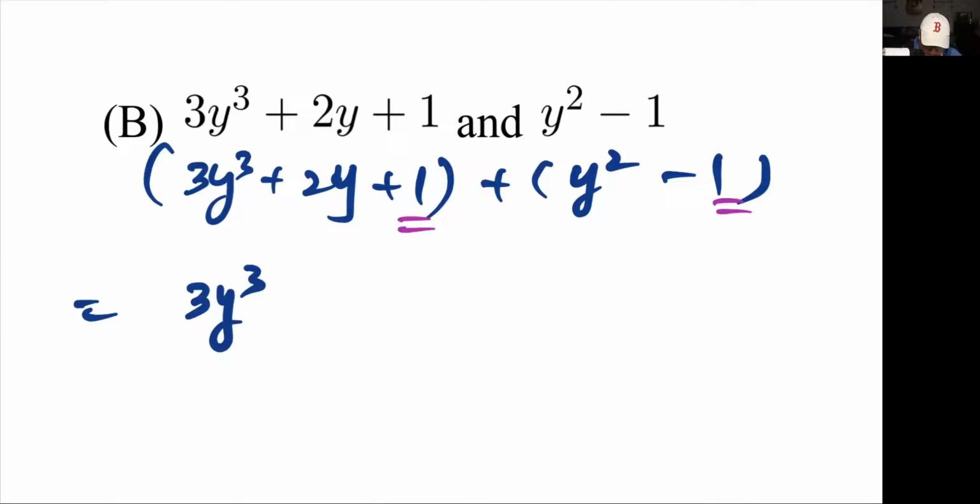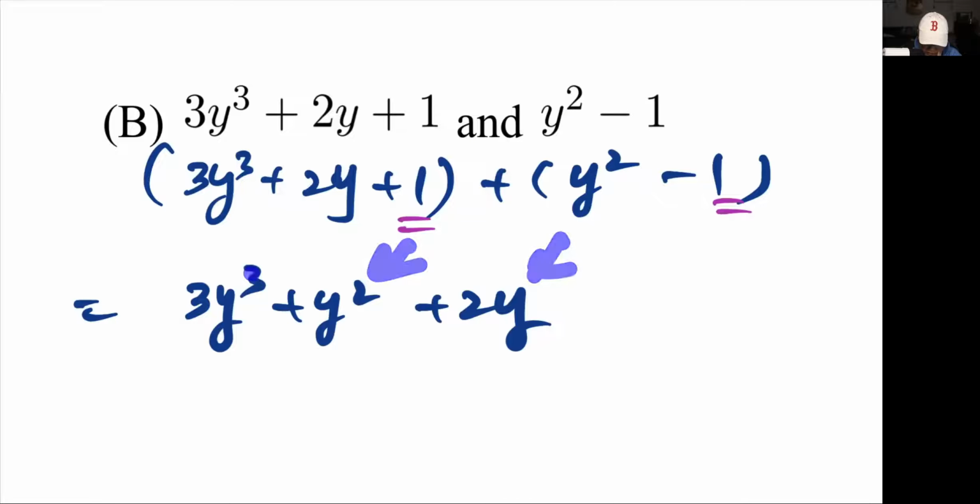And then what's the next one? Yeah, plus y squared plus 2y. Just go in descending order so you don't miss anything, right? We got the cube, we got the square, we got the first power. And then -1 plus 1 is 0, so we are done in this case.